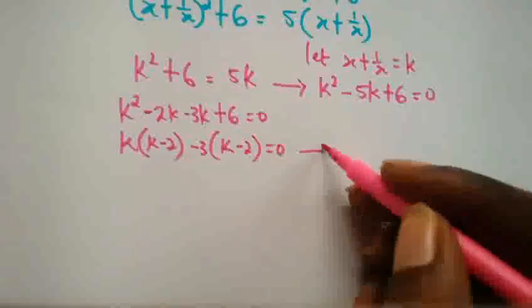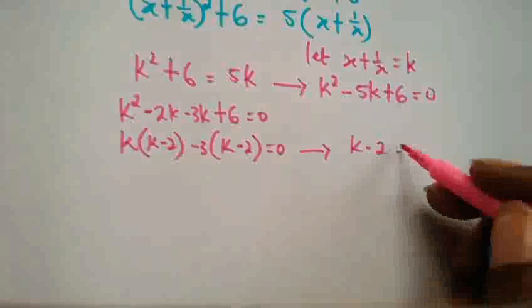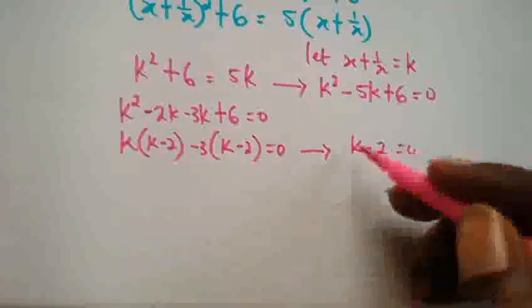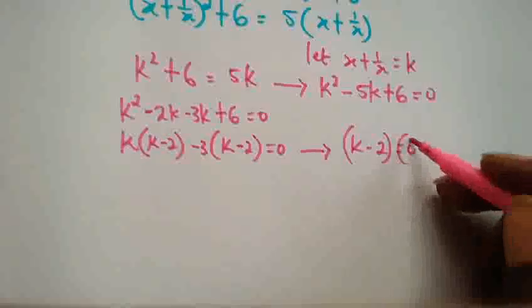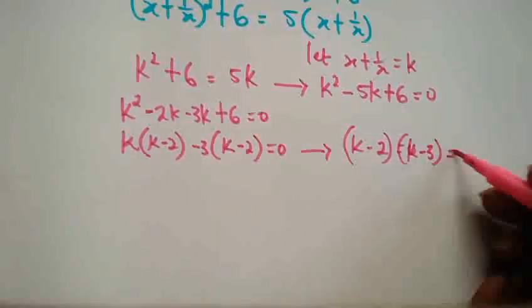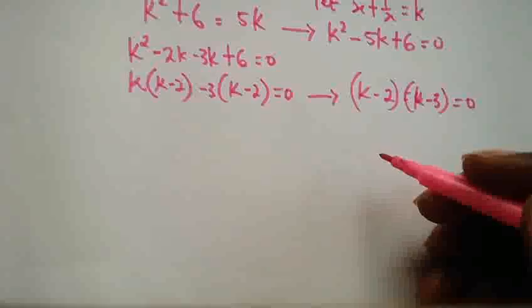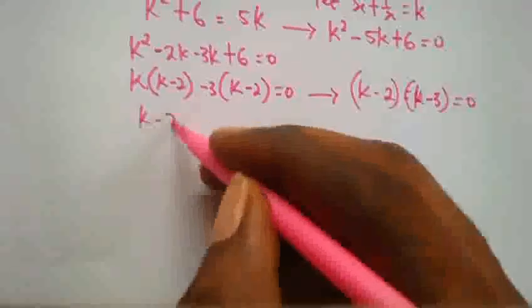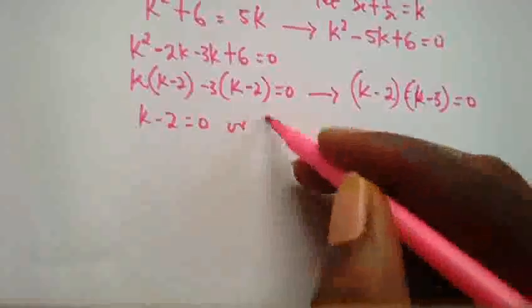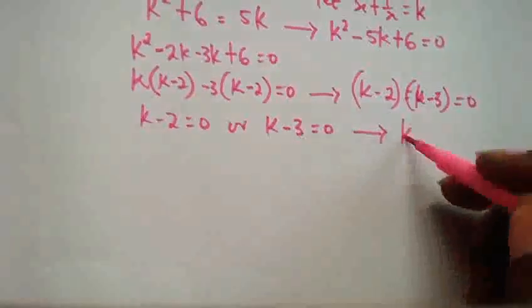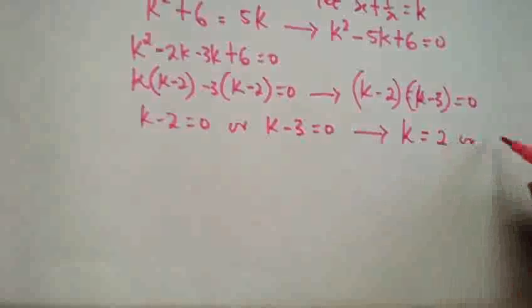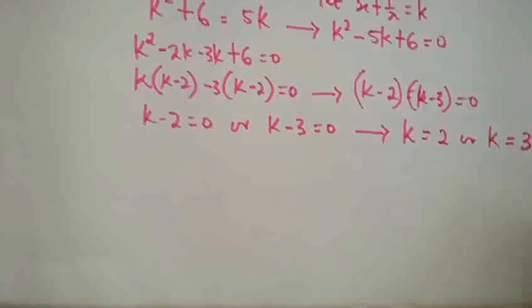Let me write in a factorized form: k minus 2 in bracket and another bracket, k minus 3 equals 0. Now from here, we have k minus 2 is equal to 0, or k minus 3 is equal to 0. So from here we get k is equal to 2 or k is equal to 3.